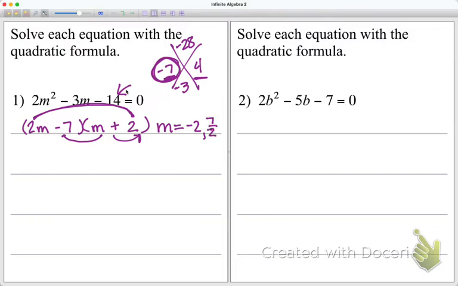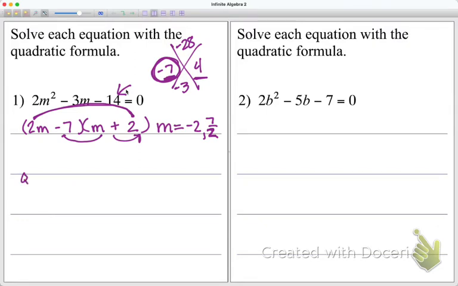Okay. So what the quadratic formula does, if this problem didn't factor, which it wasn't supposed to, then I would have to use the quadratic formula. So what that means is I have to know what the quadratic formula is.